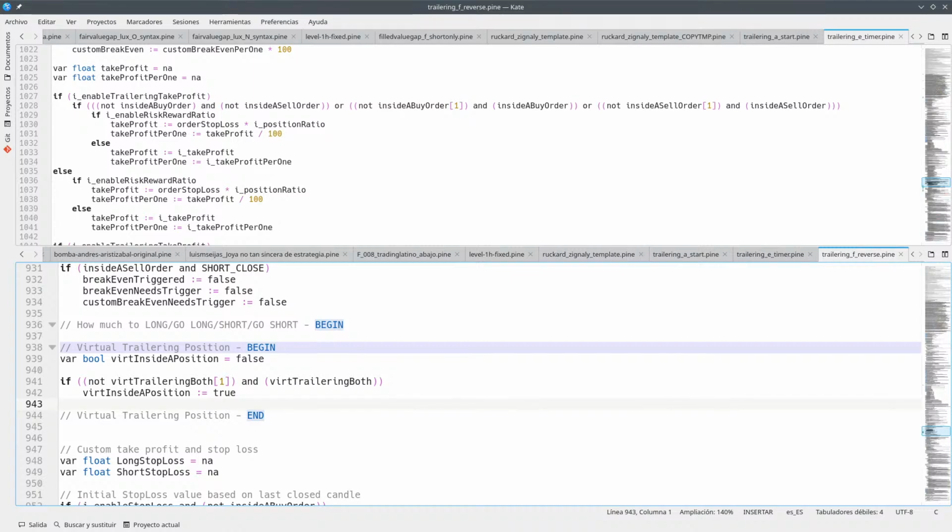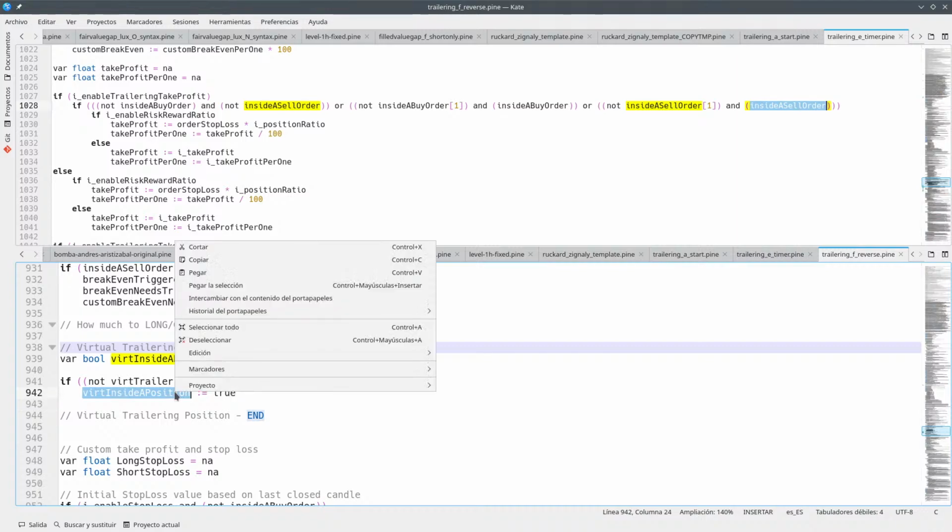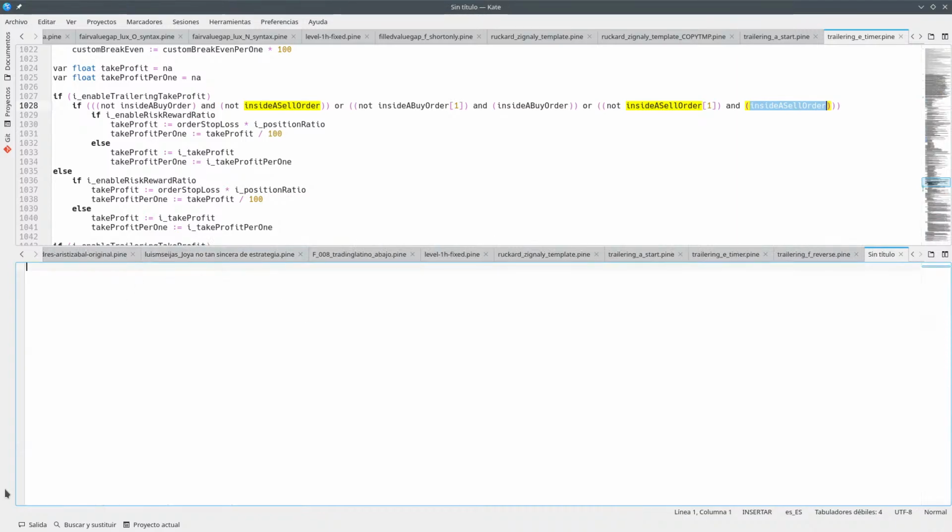What more do we need here? We also need a way of changing this into false, which, oh my god, what have I done.